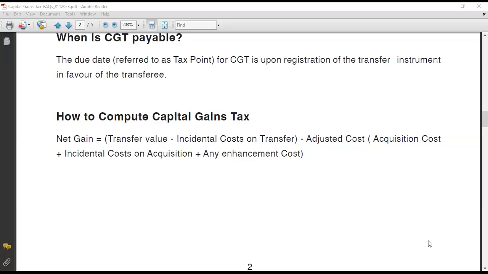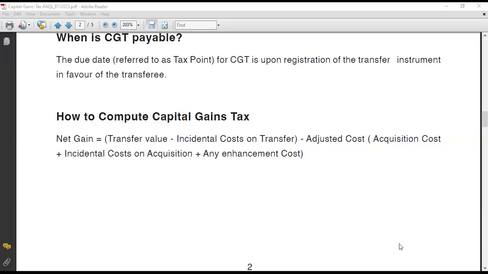Very good. Incidental cost on transfer, 17 million. So what is 250 minus 17 million? It will be 233. Now let's calculate the adjusted cost.